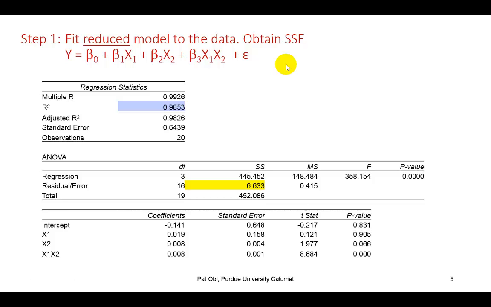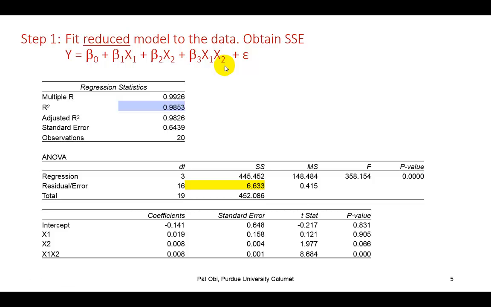I've shown how to use Excel to perform a multiple regression in a different presentation. So this is the reduced model, and as you can see, the model is statistically significant. Look at the extremely low p-value. Also, about 98.5% of the variation in shipping cost is explained by this entire model, which is pretty decent.